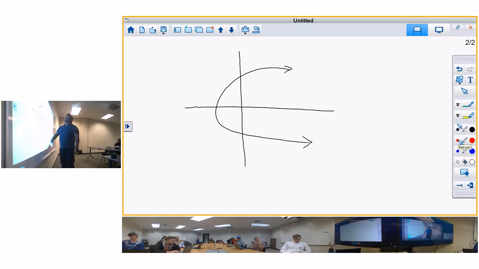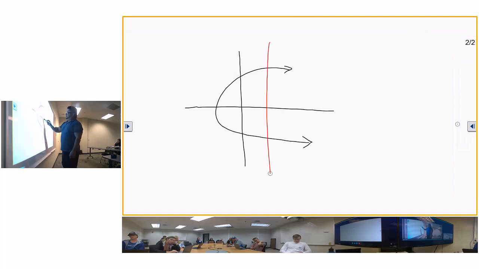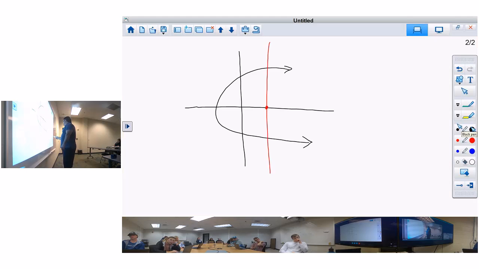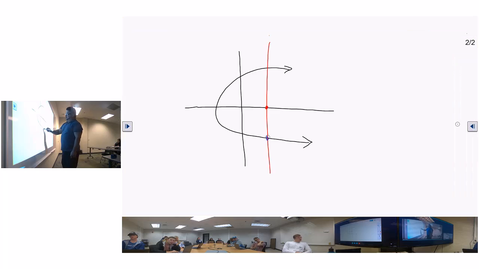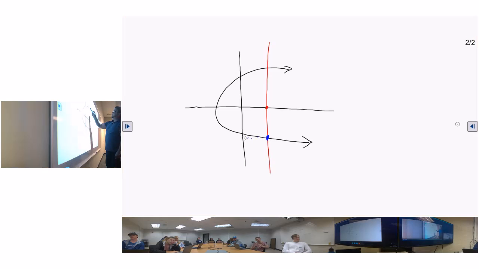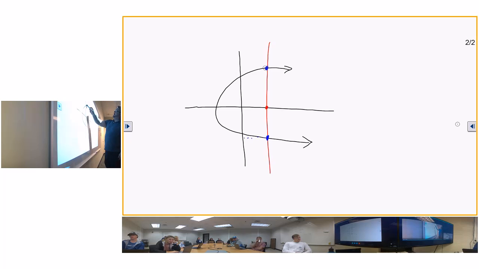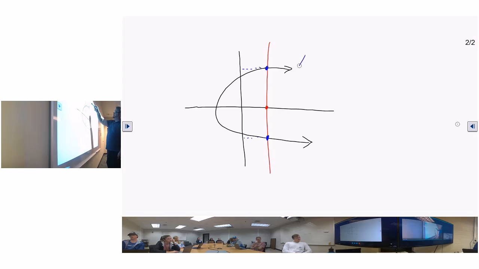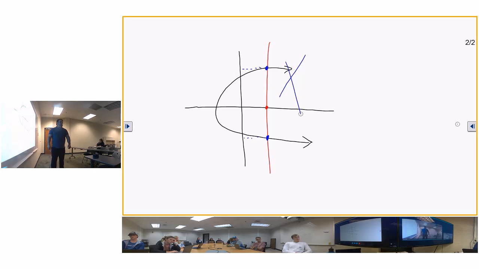The vertical line test tells you that for this x, how many y's do you have? You have this y, and you have this y. So this is not a function. Because for each x, you have how many y's? 2. You have 2 y's. For each x, you have 2 y's. So that's not a function.